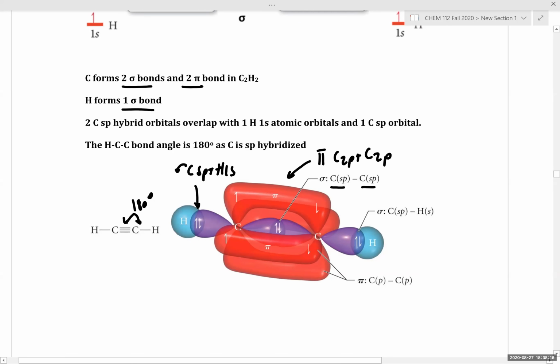Does this orbital picture make sense to you? Does everyone see each of the components that we've talked about today?